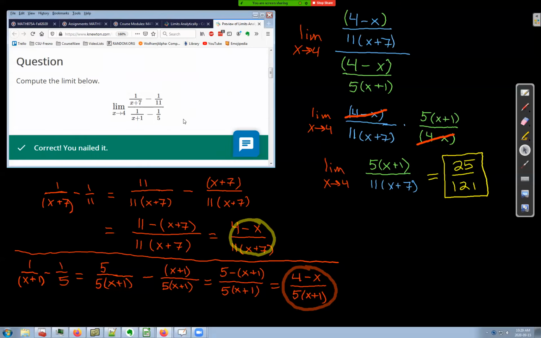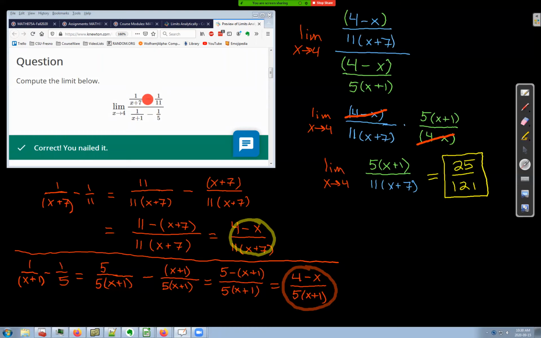So the moral is that essentially these problems are just simplification problems. Really, the name of the game here is to simplify this expression as much as possible. That's exactly what we did.